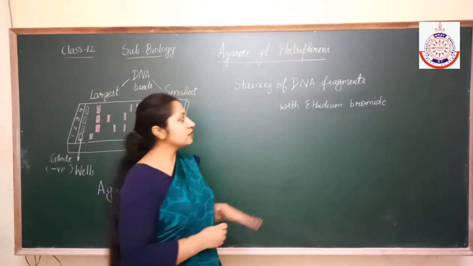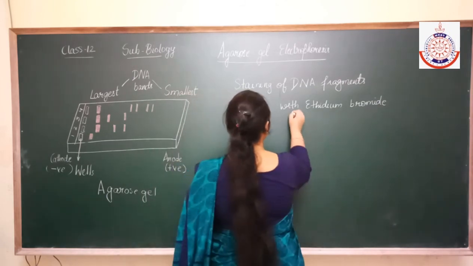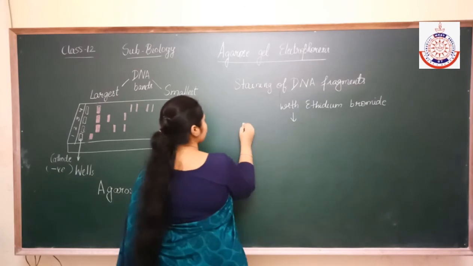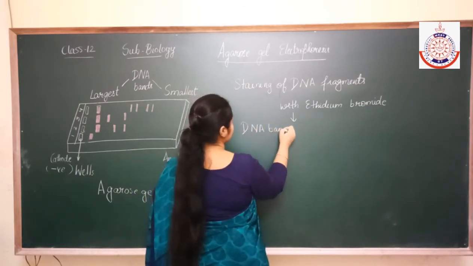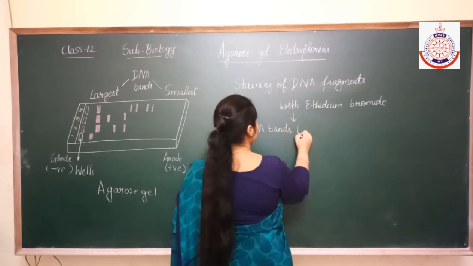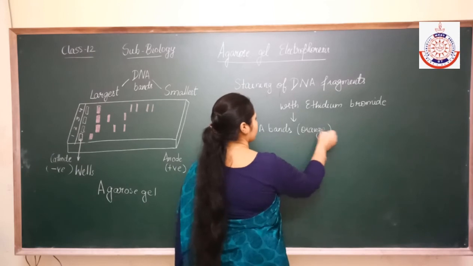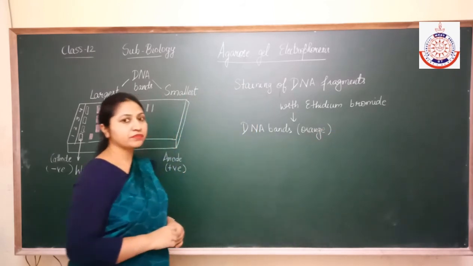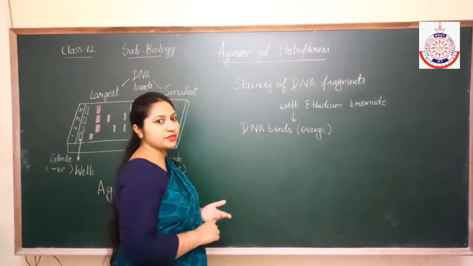So after staining, we are able to see the DNA bands, which appear orange in color. Now the DNA bands over the gel are visible to us.